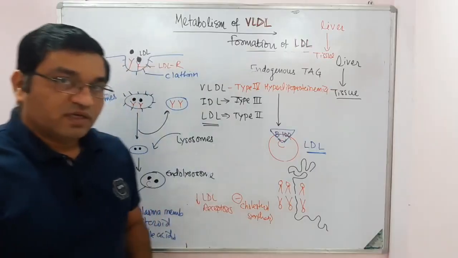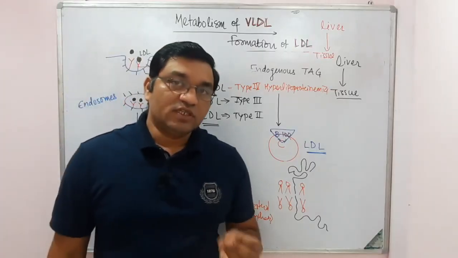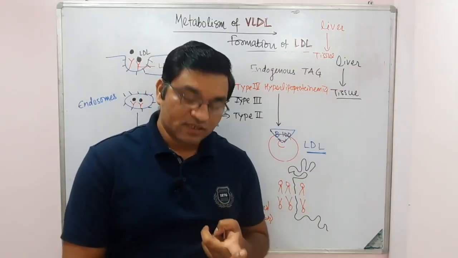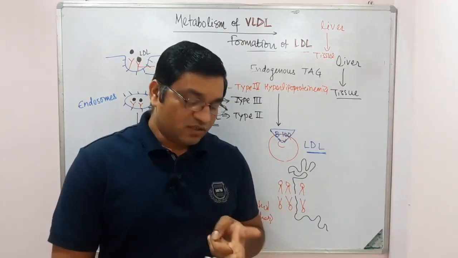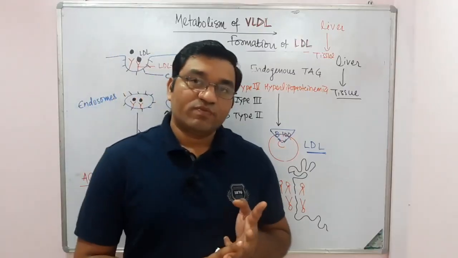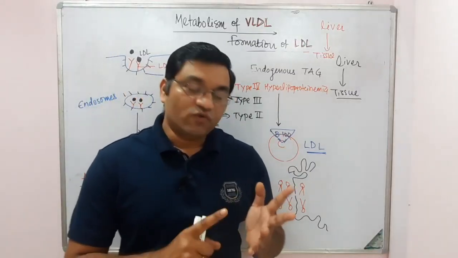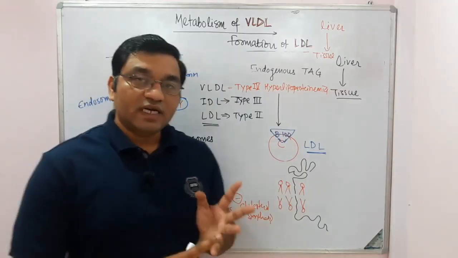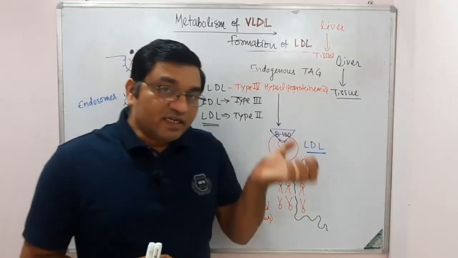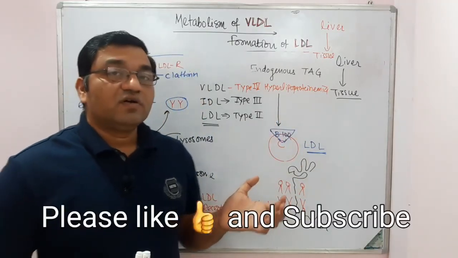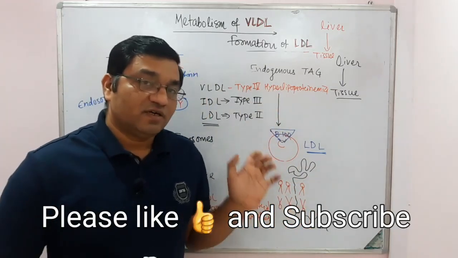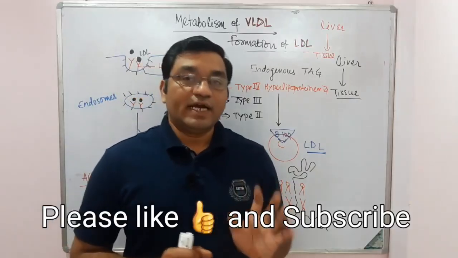Summarizing all, there are four important steps in VLDL metabolism. First is the synthesis of nascent VLDL, second is maturation, third is the formation of IDL or VLDL remnant, and fourth is the formation of LDL from IDL. The TG content decreases with this formation while the cholesterol content increases from VLDL to IDL to LDL.